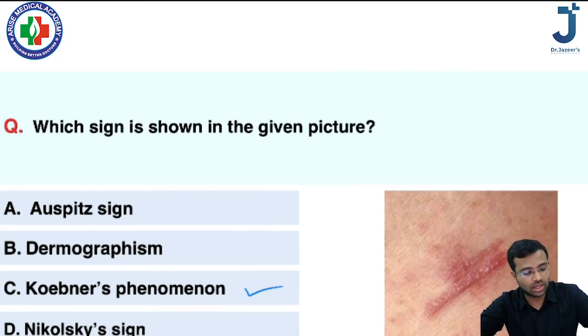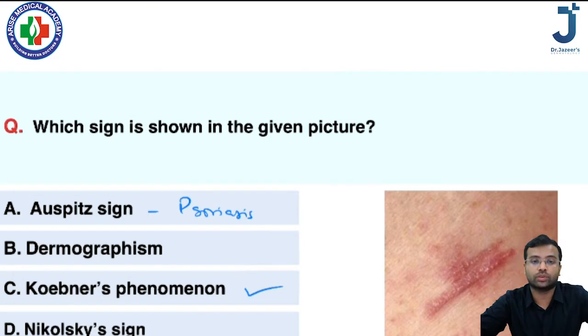In this same question they had asked about Auspitz sign. Auspitz sign is something that you see in psoriasis again, where you scrape off the lesions till you see some bleeding points. Dermographism is where you stroke the skin and you see some urticarial hives.